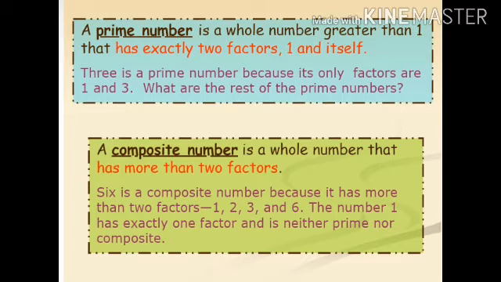A composite number is a whole number that has more than 2 factors. For example, 6 is a composite number because it has more than 2 factors, that is 1, 2, 3 and 6. The number 1 has exactly 1 factor and it is neither a prime nor a composite number.